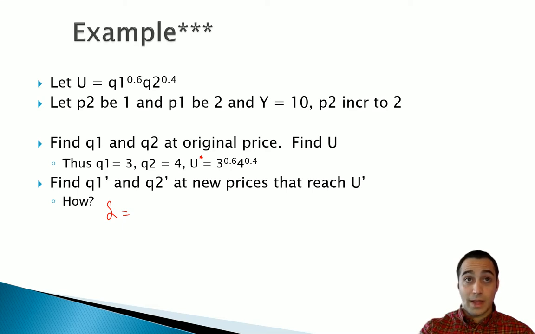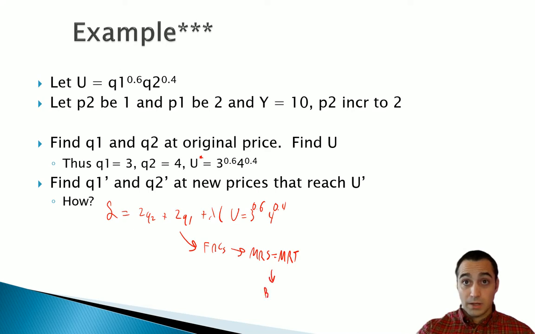So we need to look at P2 is 2, so 2Q2 plus 2Q1 plus, our constraint is that U equals 3 to the 0.6, 4 to the 0.4. And again, that'll suggest FOCs. Those FOCs will give us MRS equals MRT. Plug those into budget. Get Q1 prime, Q2 prime.